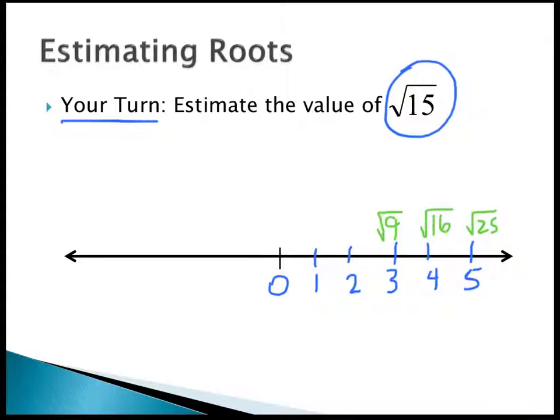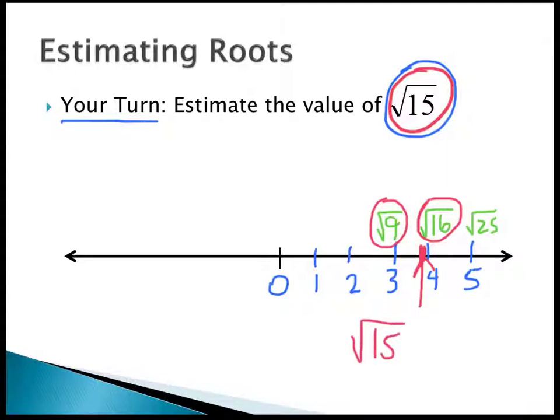Hey look, 15 falls between 9 and 16. And in fact, it's much closer to 16 than it is to 9. So the square root of 15 must fall somewhere just before 4. We could take an estimate now that the square root of 15 equals around 3.9.